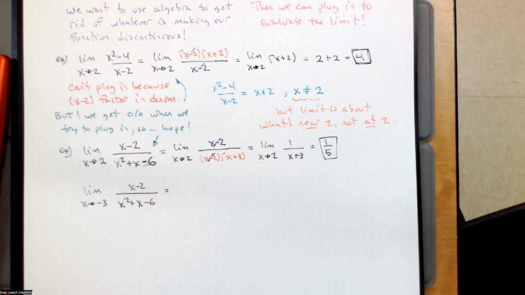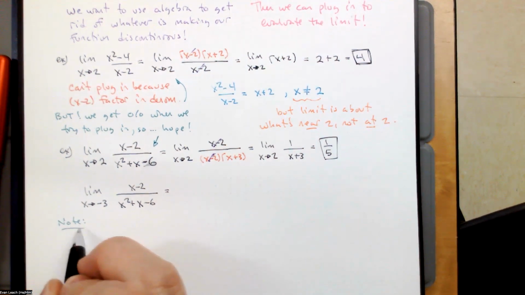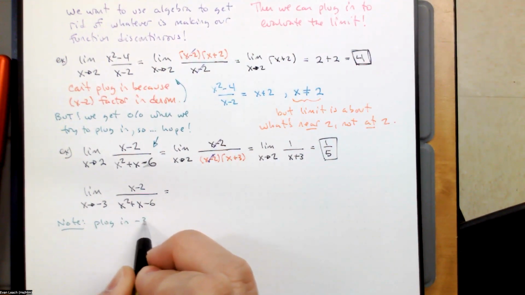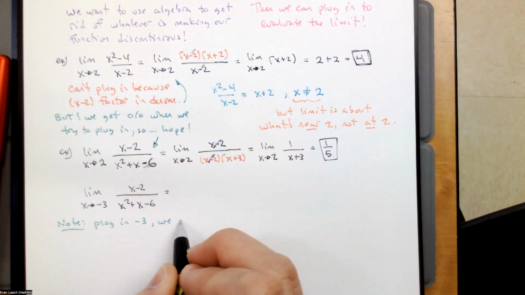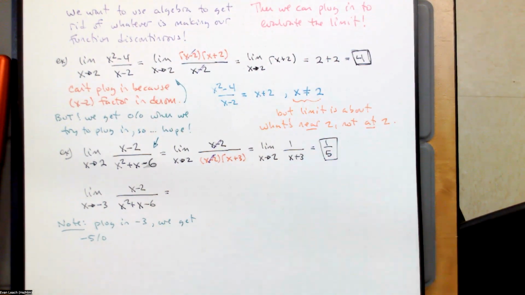So we notice if we try to plug in -3, we get -5 over 0.